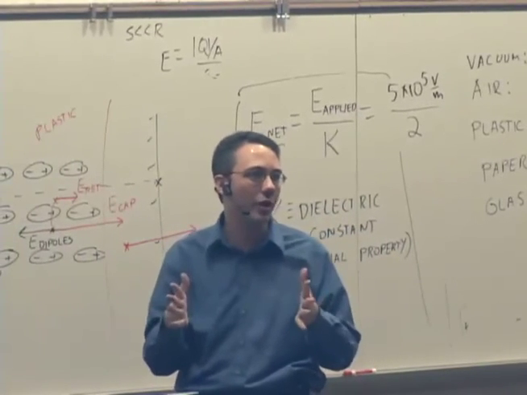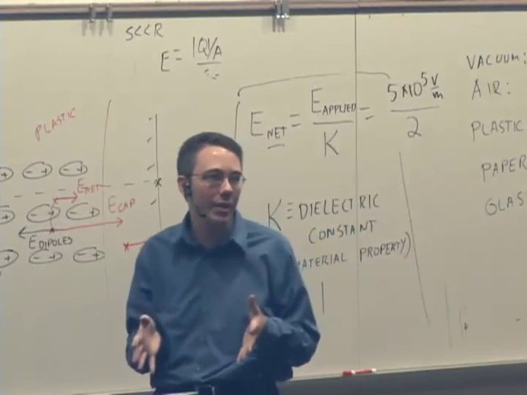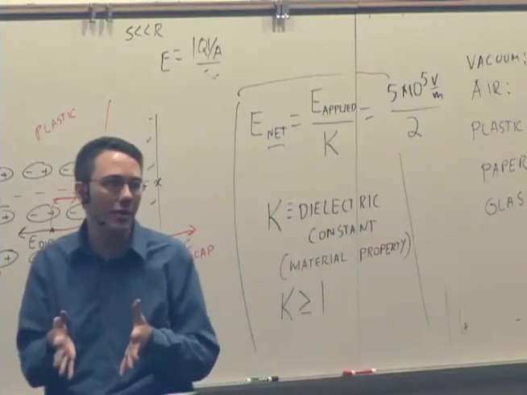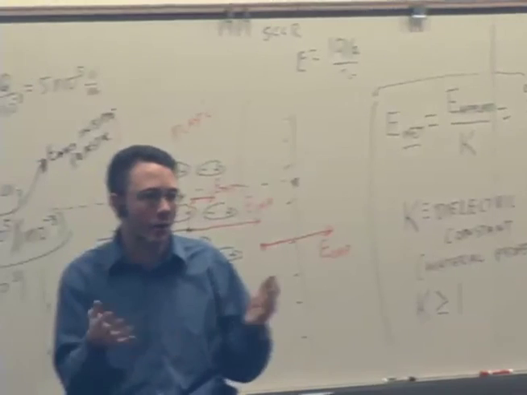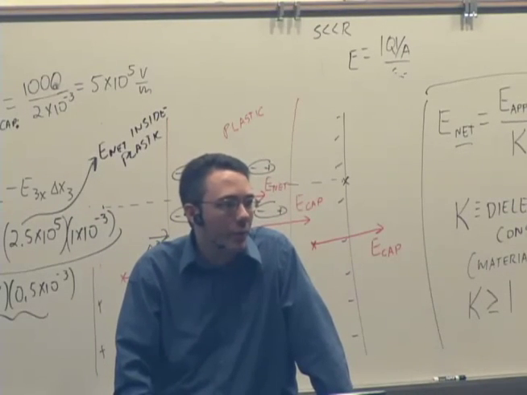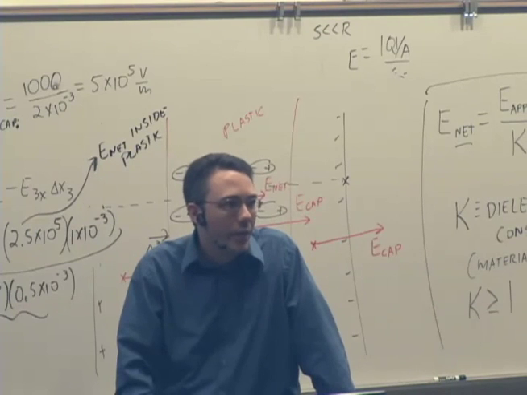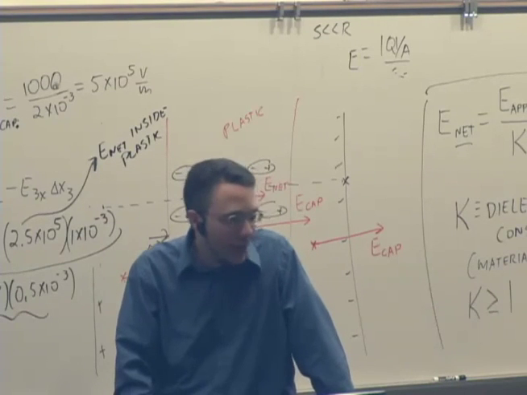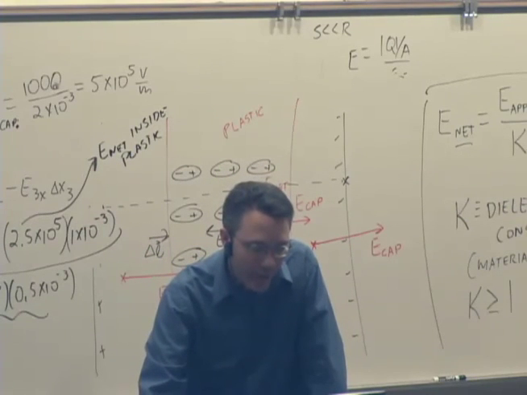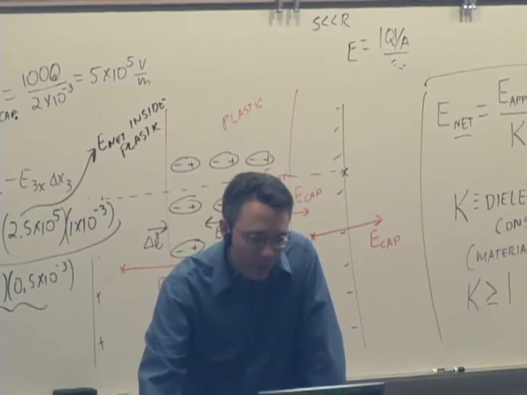You can add more charge to the plates if you put a dielectric in between them. And that's useful because we want to hold lots of charge on either side in order to get that energy back again if we want to use it in a circuit or some other application. We'll come back to this later in the semester, but it's important because it's used a lot in real life applications.